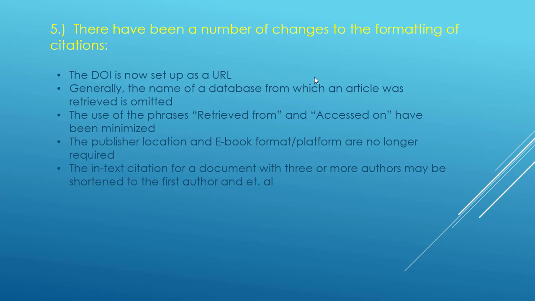So the idea behind this is that if I'm a student submitting a paper to you, you already have access to the same databases. You're not going to have difficulty retrieving that article. It should just be a matter of clicking on the DOI or the URL, whatever the case may be, and being able to follow and gain access to the databases and find the article.